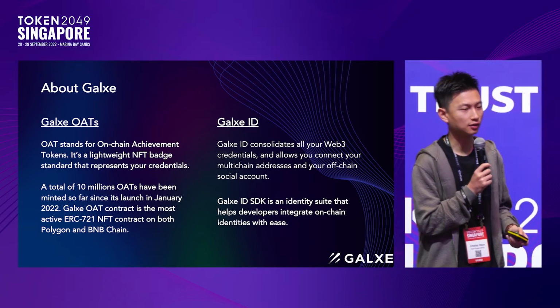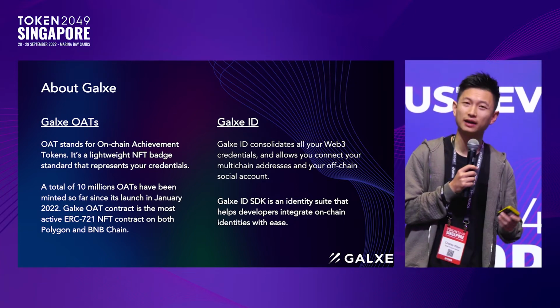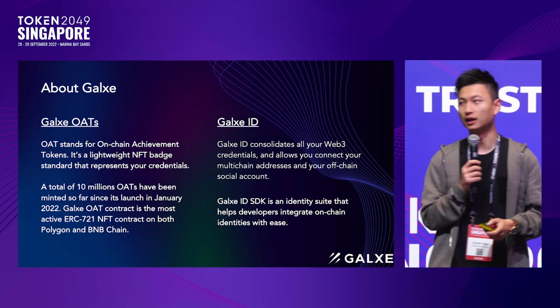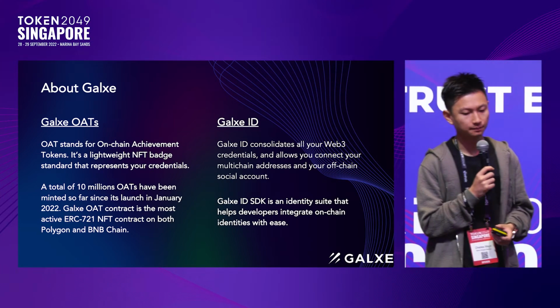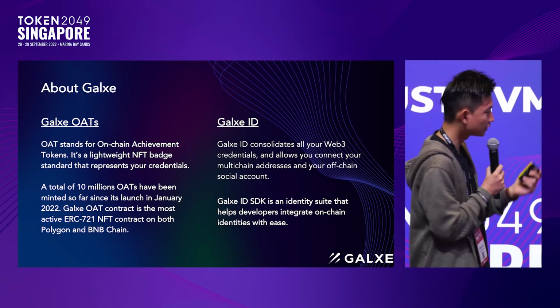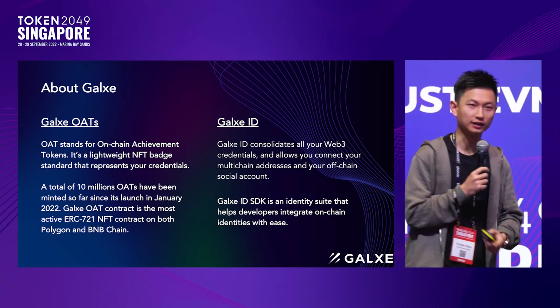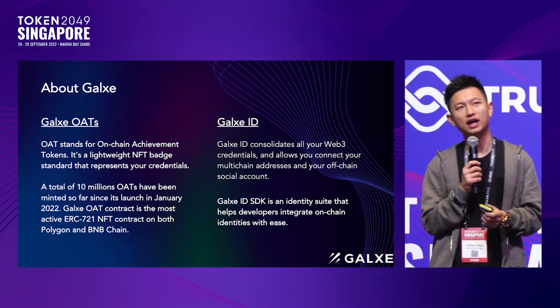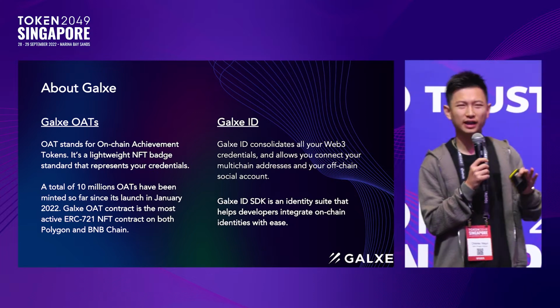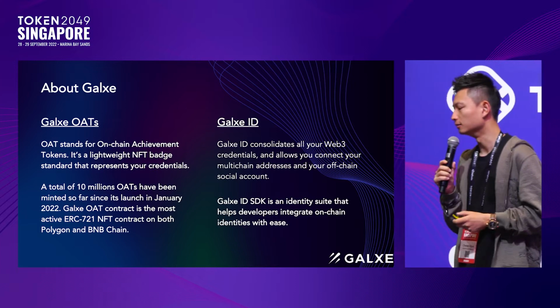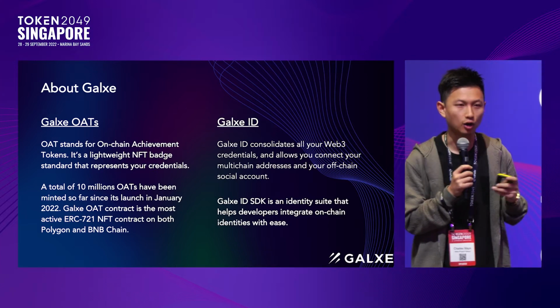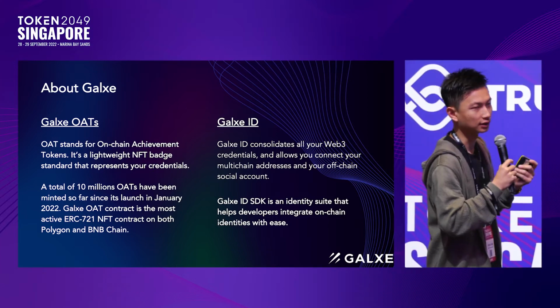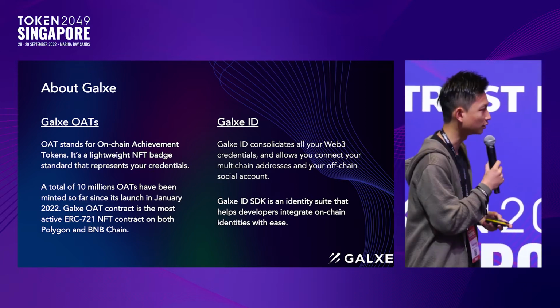I think it's also top 5 on Arbitrum and Optimism. So there's a total of 10 million Oats minted, and I think we have about 700 to 800K unique holders, which is the largest NFT community in the world.